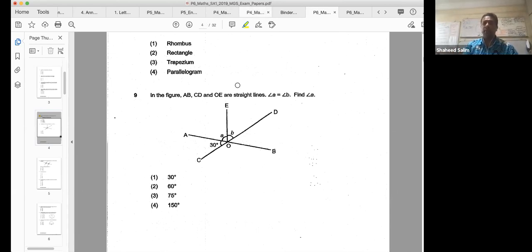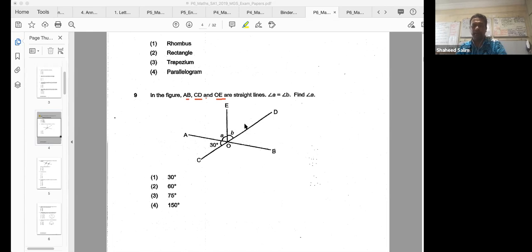Let us go step by step. They tell you that these are all straight lines: AB, CD, and OE. So this is a straight line. If you look at it carefully, it's vertically opposite angles, so it's equal.